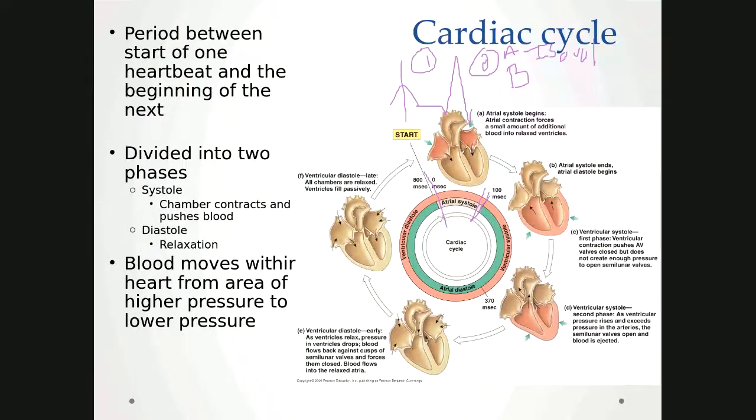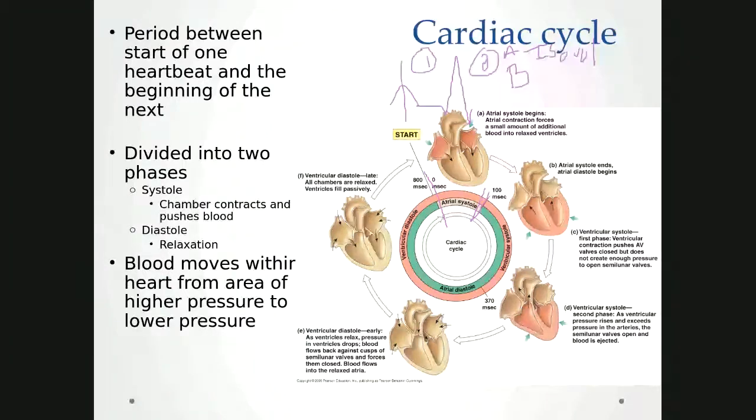And that is making the pressure that fluid is exerting, that push of the fluid on the wall, increase because it's being condensed or forced into a smaller chamber. That's a very short little period of time, but it's an important period of time. Okay? Now, when we start to see the pressure of the fluid in the chamber is greater than the fluid on the other side of the semilunar valve.